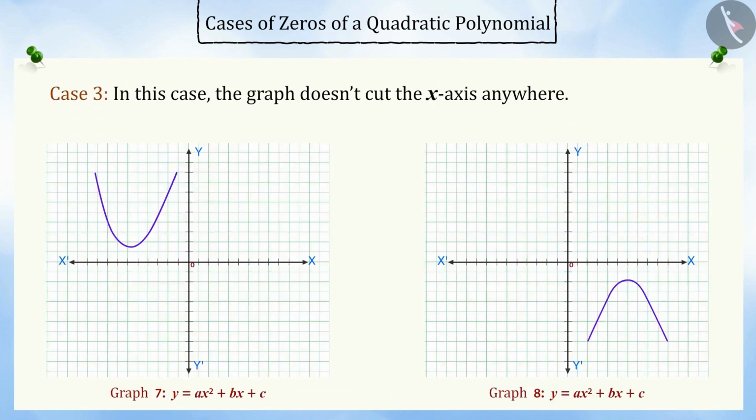Case 3. In this case, the graph does not cut the x-axis anywhere. In this case, the quadratic polynomial ax square plus bx plus c will have no zeros.